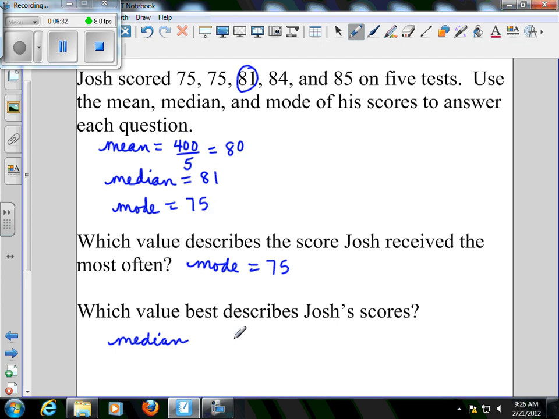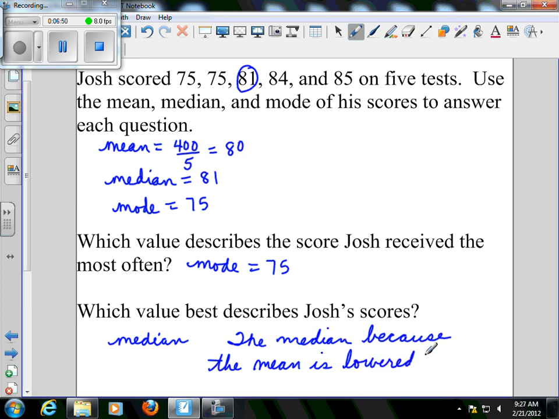So we're going to say the median, because the mean is lowered by the two scores of 75.